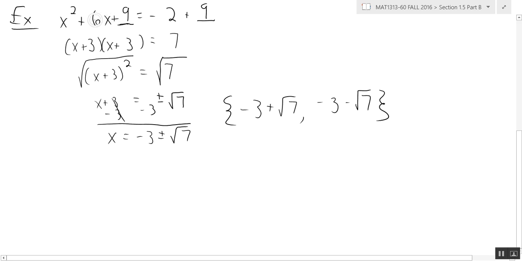So this could be a number that would give you a fraction, but don't freak out if you see a fraction. Alright, I know we're just doing all whole numbers, but that could happen. Okay, so half of what's in front of x and square it, and then whatever you put on the left side, you have to also put on the right side.